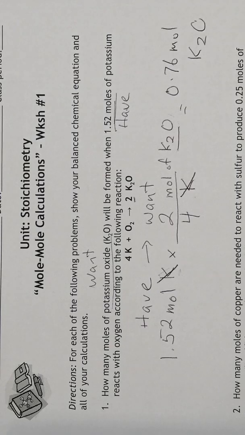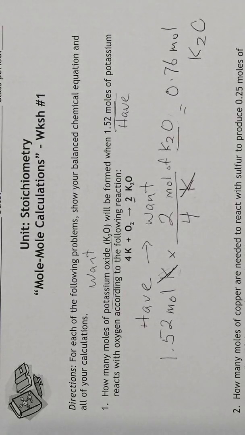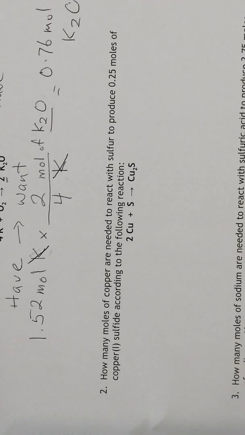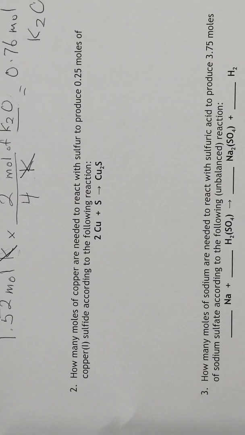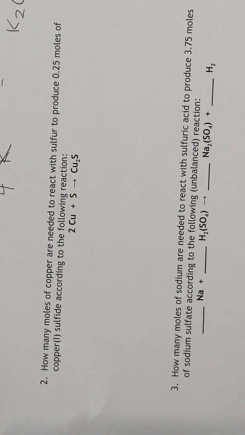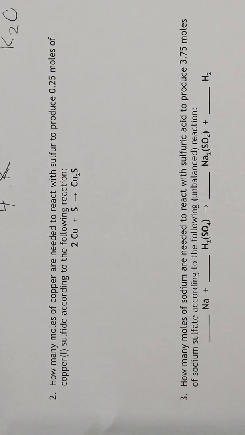Okay, I'm going to do one more with you because this needs to be handed in, but I want to make sure everybody's got a good shot at it. Okay, so number 2 says, how many moles of copper are needed to react with sulfur to produce 1.25 moles of copper 1 sulfide according to the following reaction?